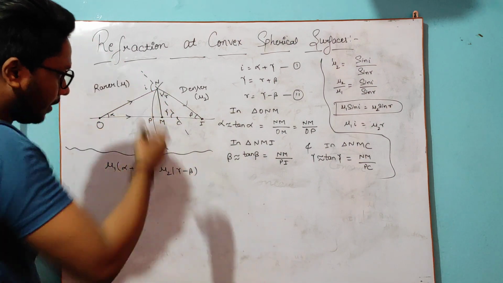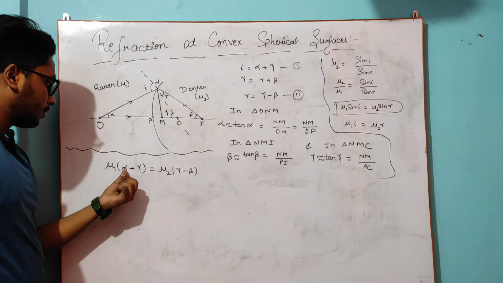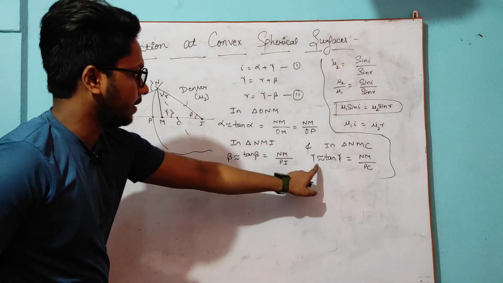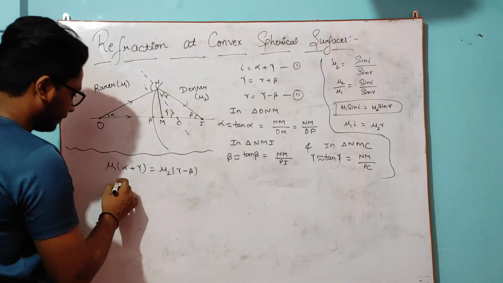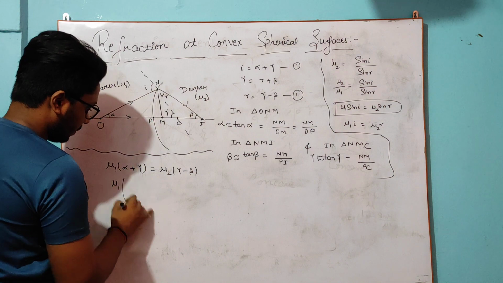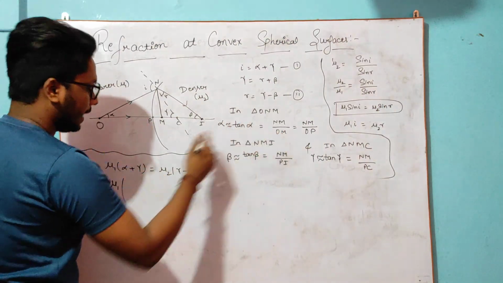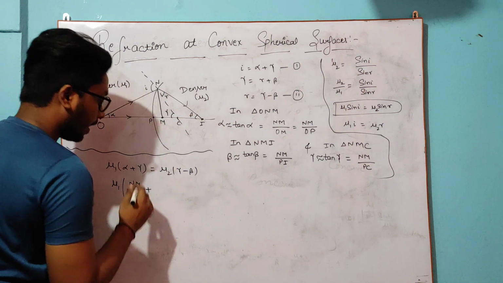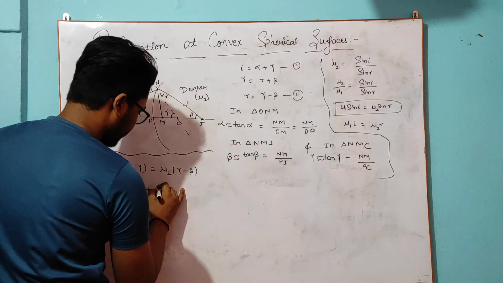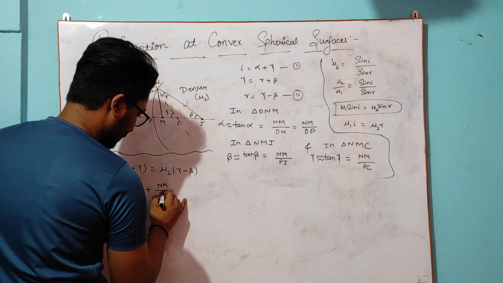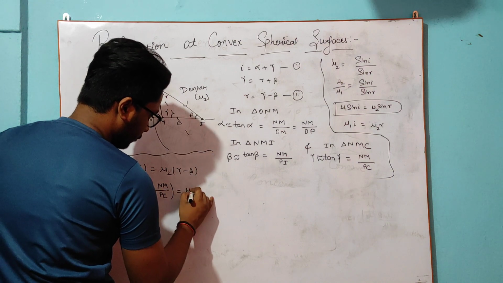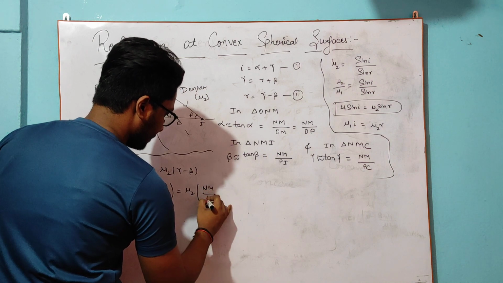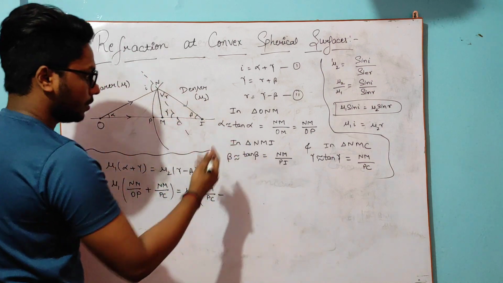We already have the values of alpha, beta and gamma, so put them in. mu1 times NM upon OP plus NM upon PC equals mu2 times NM upon PC minus NM upon PI.